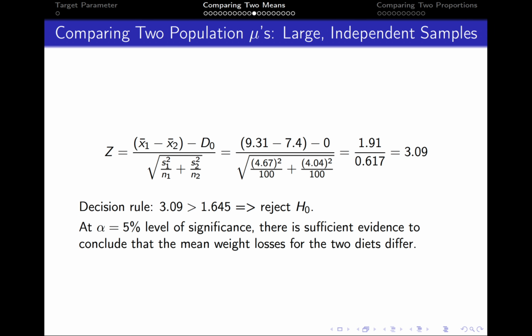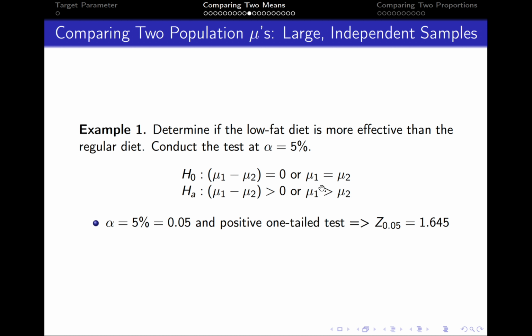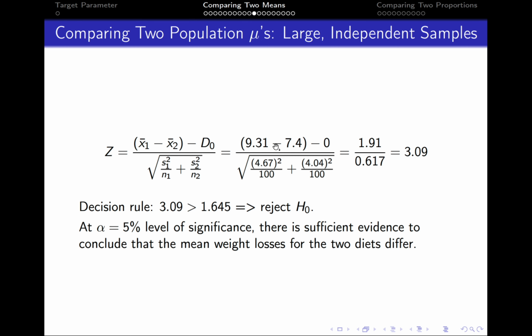So when we put everything into the formula for the z-score, we get the following. x1 and x2 we already know, those are the sample means. D0 is the value specified in the null hypothesis, and in the null hypothesis we assume that the two population means are the same, so D0 is equal to 0. Then in the denominator, we put the square root, under which we put the following value.